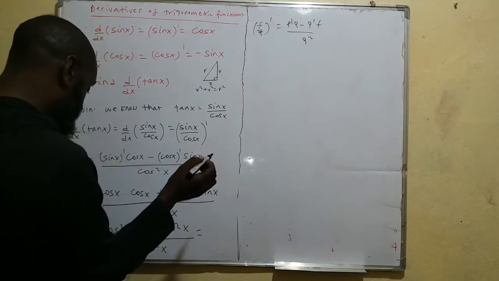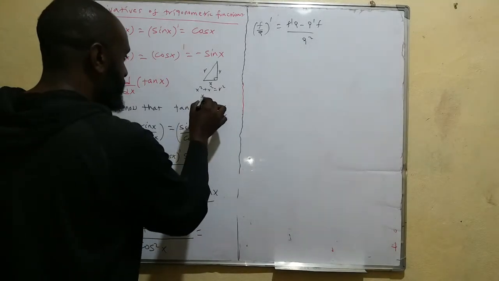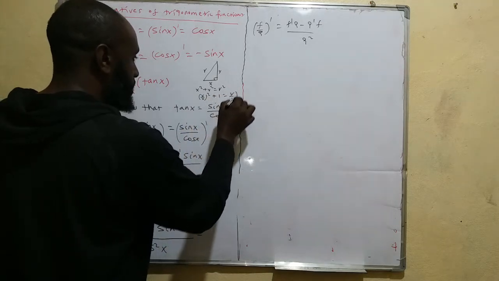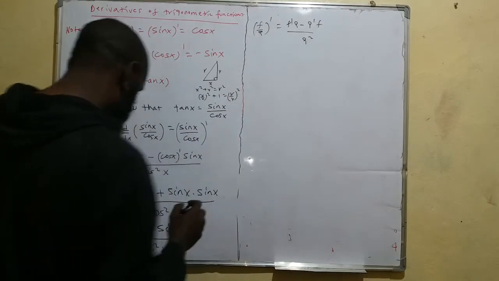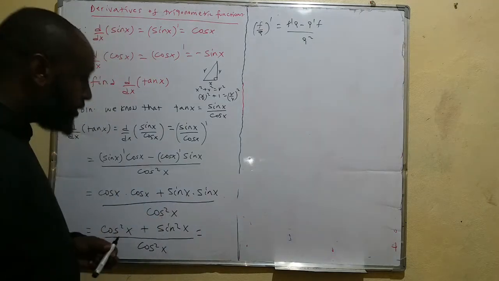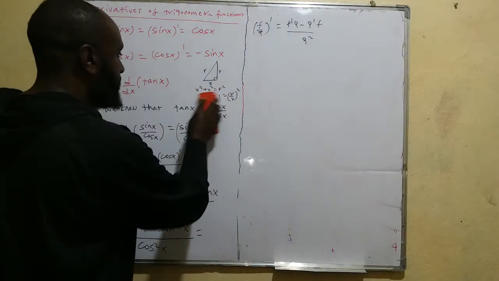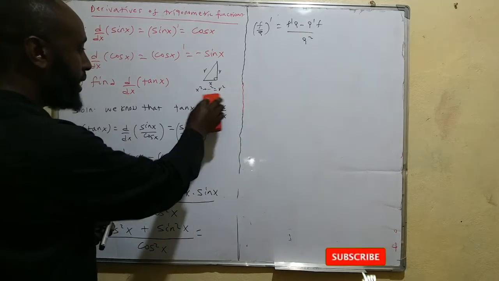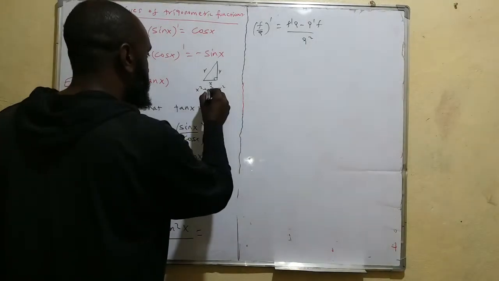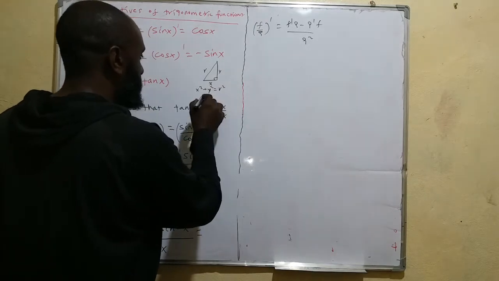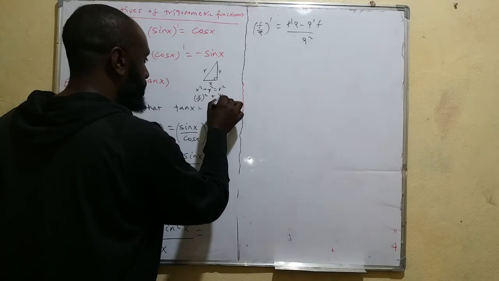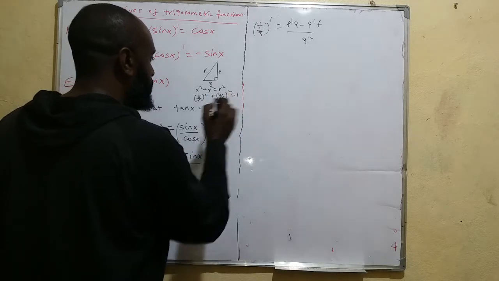If we divide by r, x over r, the whole square, plus y over r, the whole square, is equal to 1.